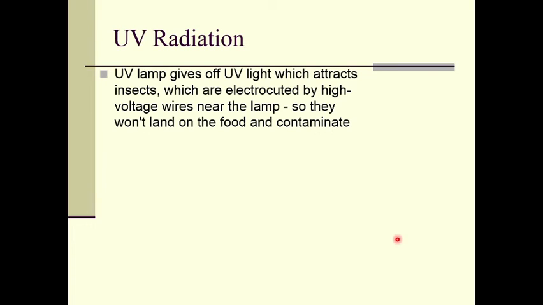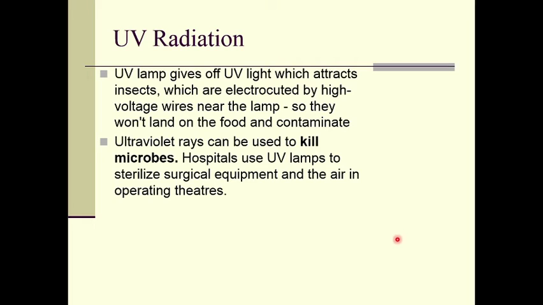So we know the UV lamp gives off UV light which attracts insects, which are electrocuted by high voltage wires near the lamp, so they won't land on the food and contaminate it, right? Ultraviolet rays can be used to kill microbes.